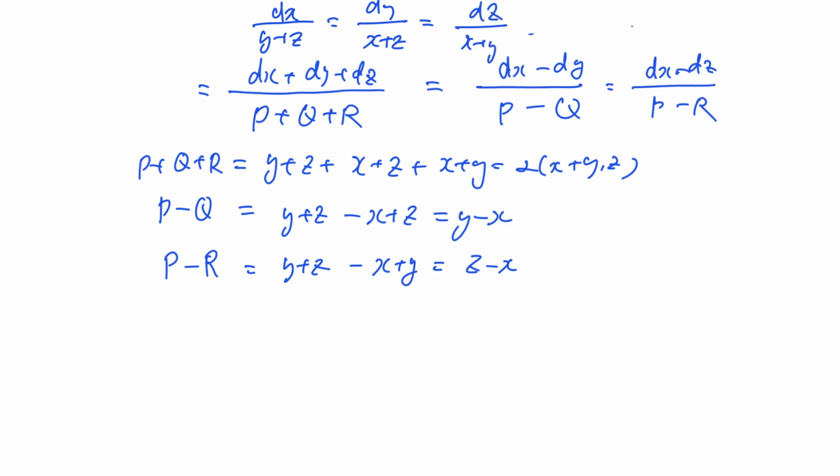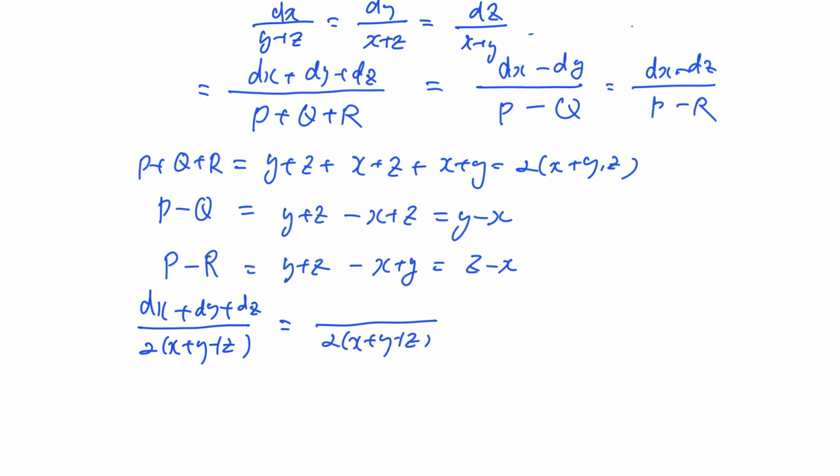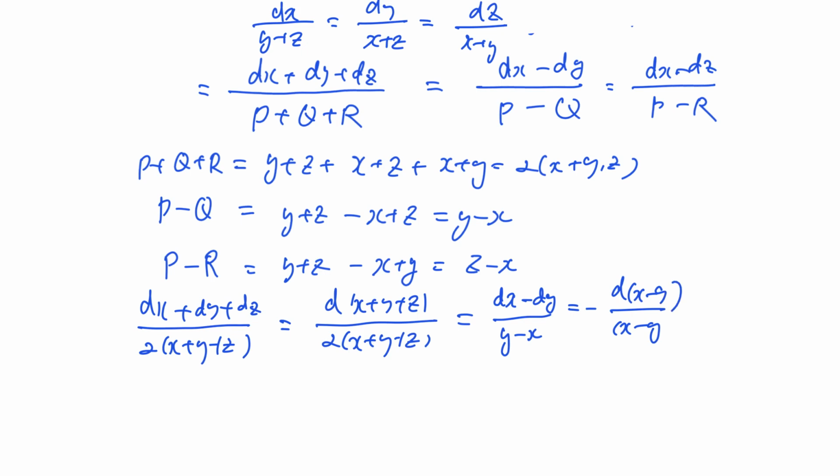So for the first equation, we have twice of x plus y plus z times dx plus dy plus dz, which is equal to, let me say, y minus x dx minus dy, x minus y dx minus dy. If we integrate this, what do we get?